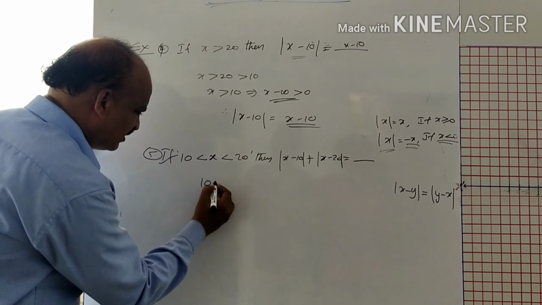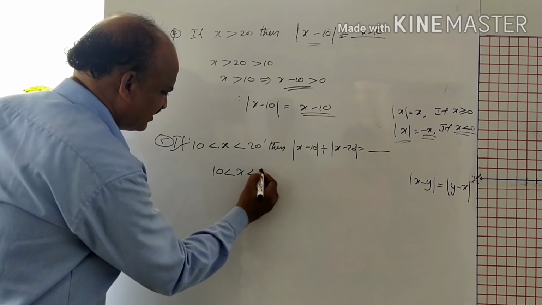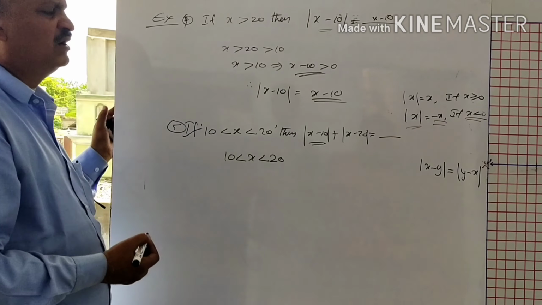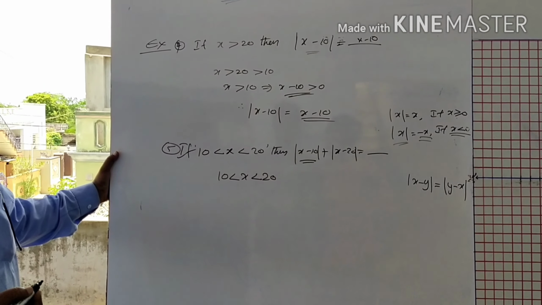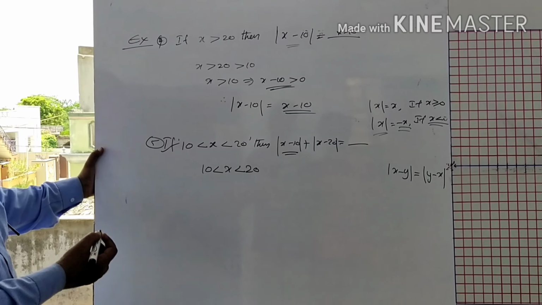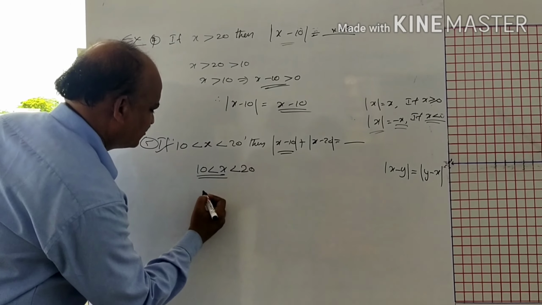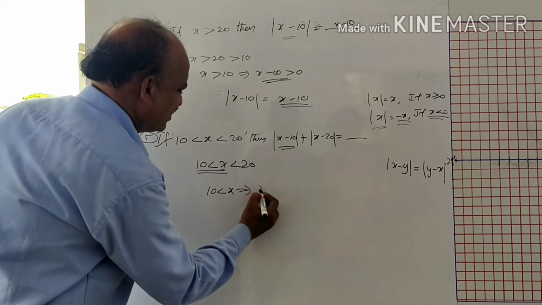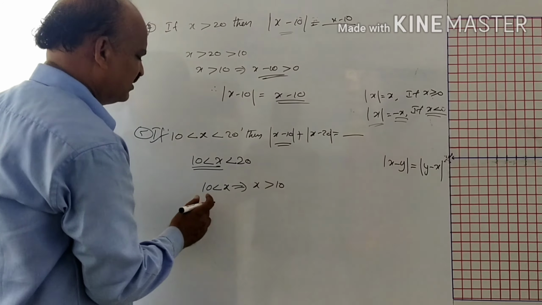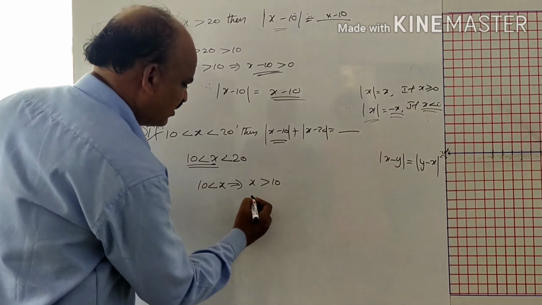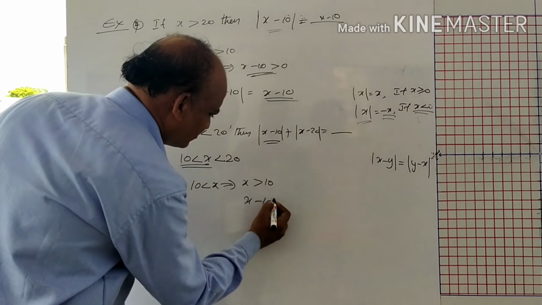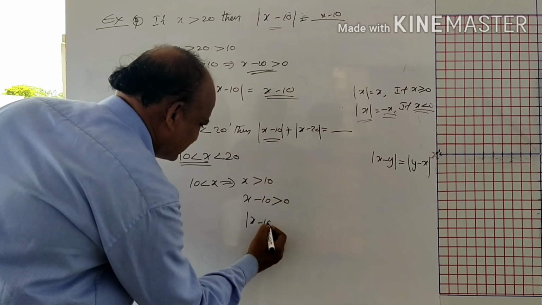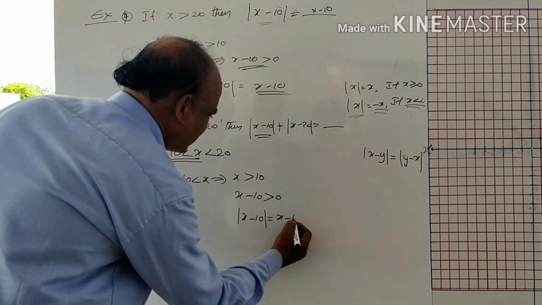We need x minus 10 and x minus 20. So take this part, 10 less than x. That is, x is more than 10, then x minus 10 is more than 0. Hence, modulus x minus 10 equal to x minus 10.